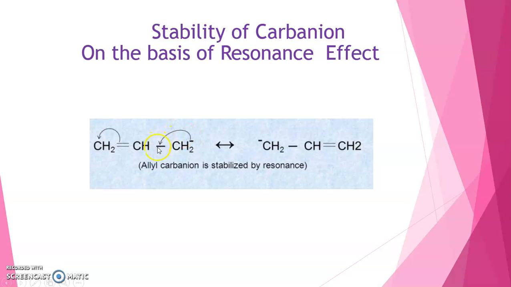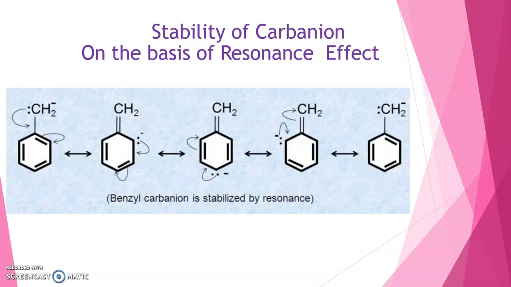This negative charge comes over here, and hence this pi electron gets shifted towards this carbon atom which now carries negative charge, and the structure becomes CH2 negative, bond CH, double bond CH2. This is a resonating structure of this compound. Because this resonating structure is possible in case of allyl carbanion, which is not possible in case of propyl carbanion, allyl carbanion is more stable than propyl carbanion.